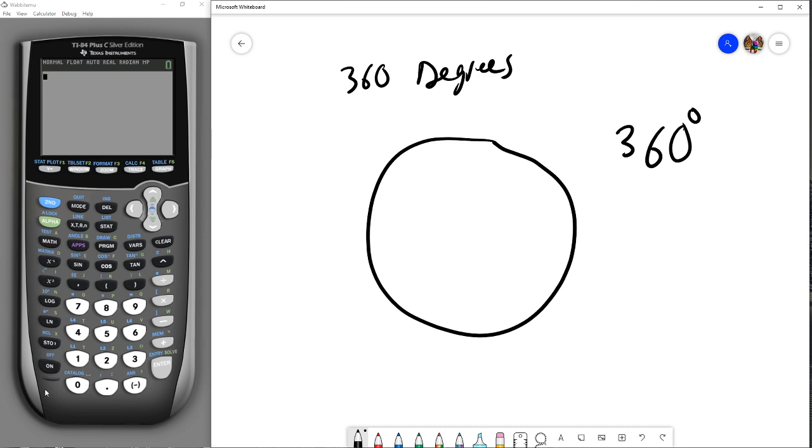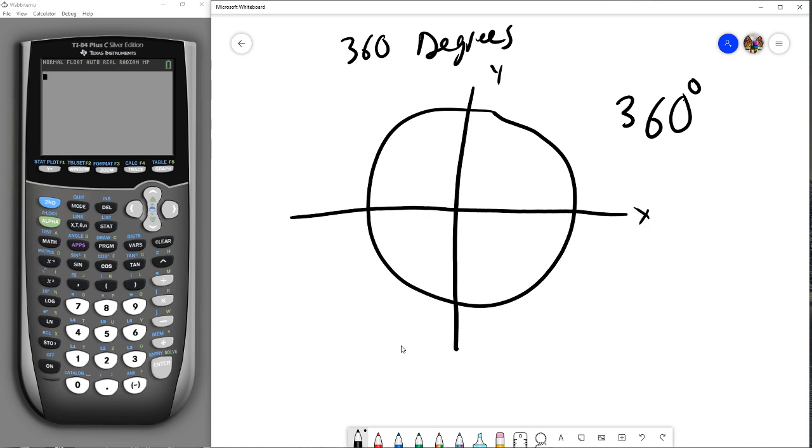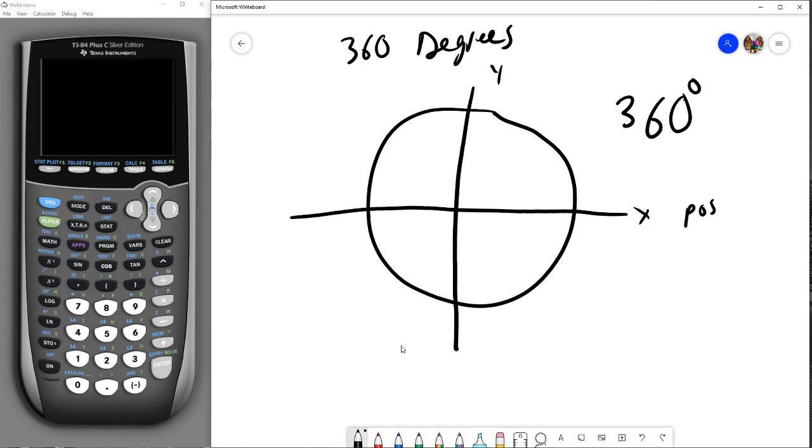Alright, now what we want to do is clarify our circle a little bit with angles. So if we imagine our x and y axis here, we know this is the positive x axis. And how we want to think about our angles is they're going to be moving up in this direction, and that's going to be our counterclockwise direction. So this direction here is counterclockwise. This is our terminal side.